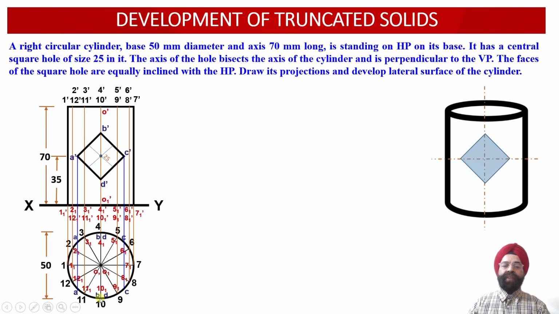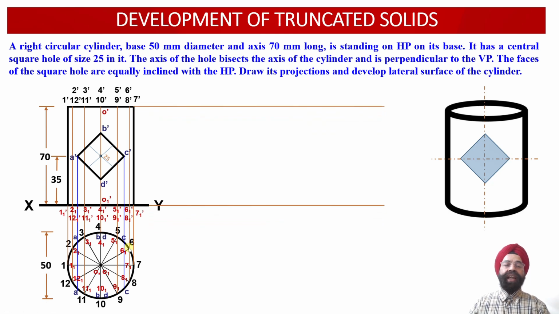So this way we have been able to obtain the 6 points of intersection that are available with the vertical generators of the cylinder corresponding to points A dash and C dash. We have been able to obtain their locations alongside the circumference points 2, 3, 11, 12, 8, 9 and 5, 6 over here.